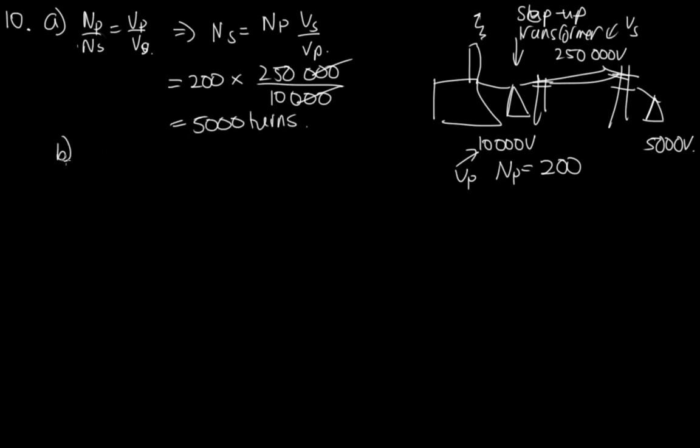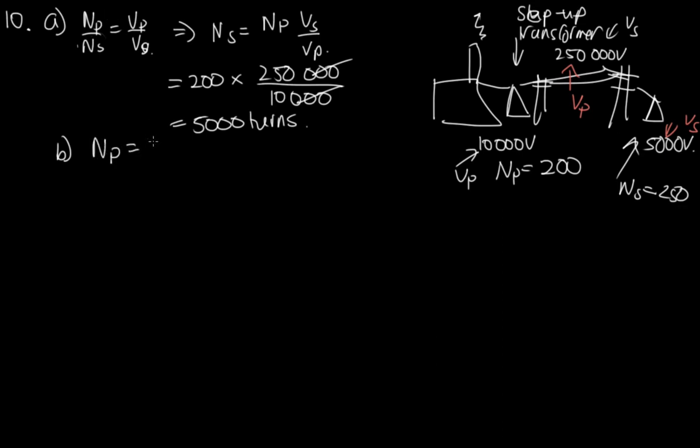Now in part B, we're asked if the secondary coil in the step-down transformer, so here NS is equal to 250 turns, how many are there in the primary coil? Now in this case, this is our primary voltage and this is our secondary voltage. So calculating, we need to get NP.